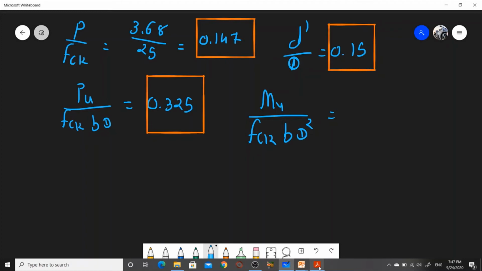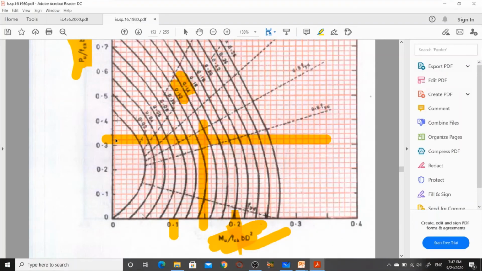So let's check. Here p is 0.147, Pu by fck bd is 0.325. Let's erase this data. So by this graph we can find this line, which gives the Mu by fck bd squared value.